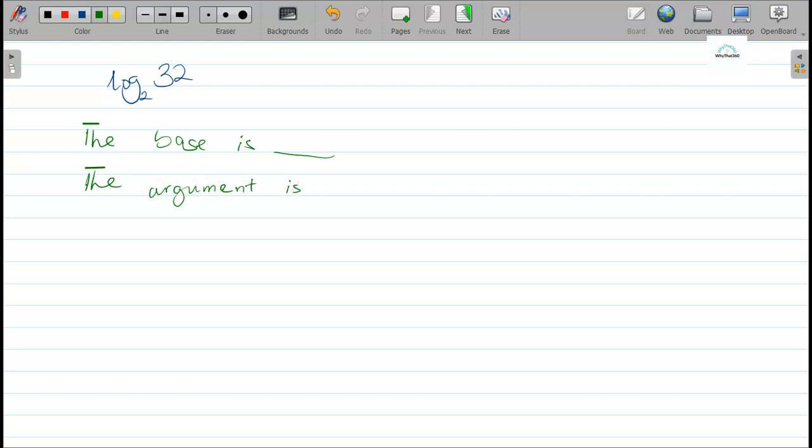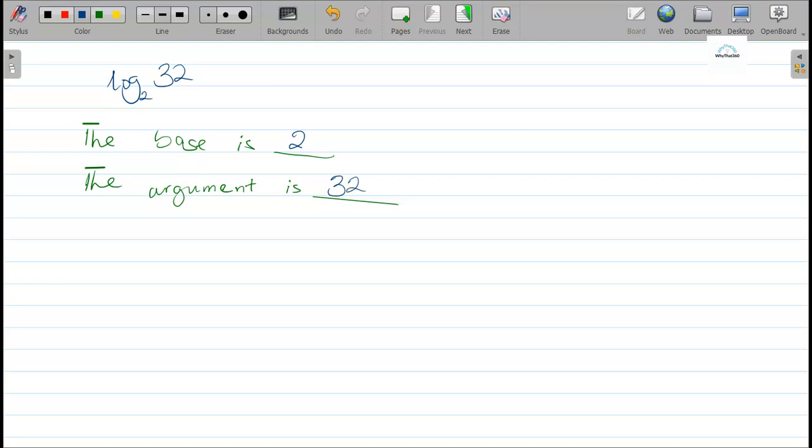Which of these two numbers is the base? Is it 32 or is it 2? The base is going to be 2, and the 32 here will be the argument.